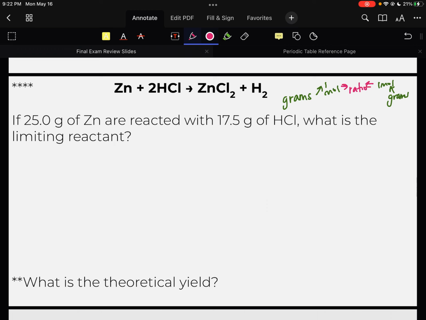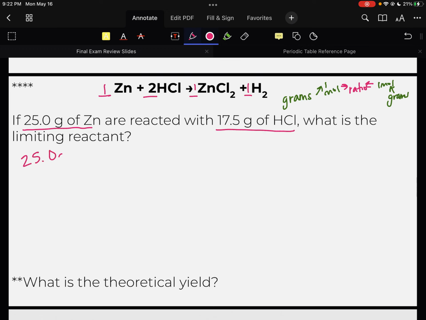So if I want to convert between compounds, I have to use my ratio. And remember, your ratio is just your big numbers in front, your coefficients, and that's telling you how many you're making in your recipe. So here we're given 2 different things.